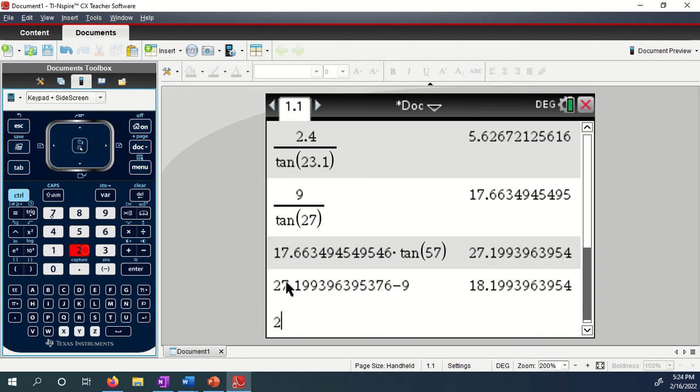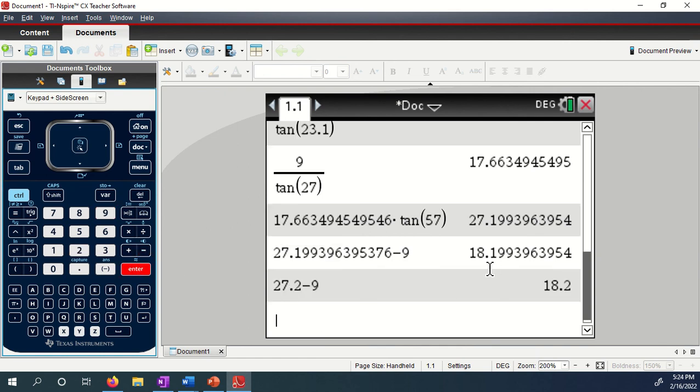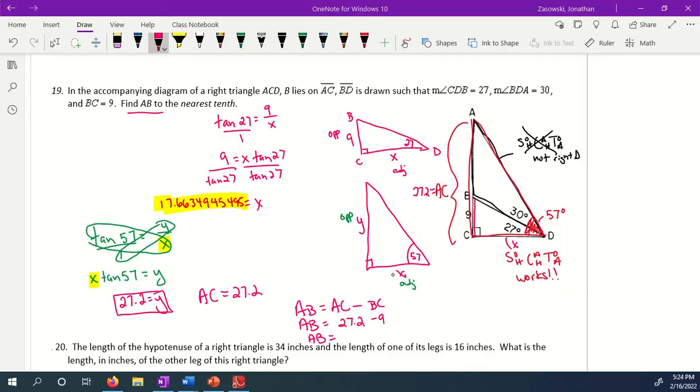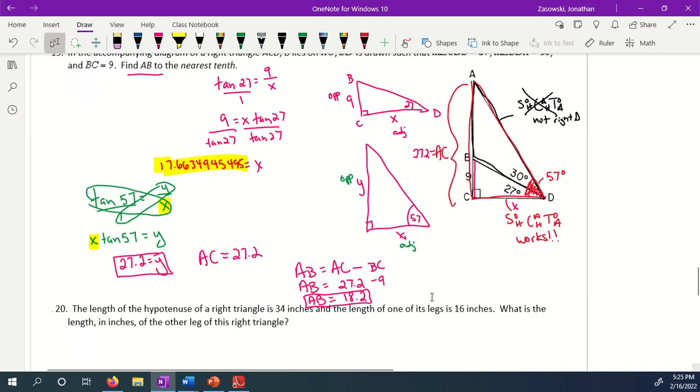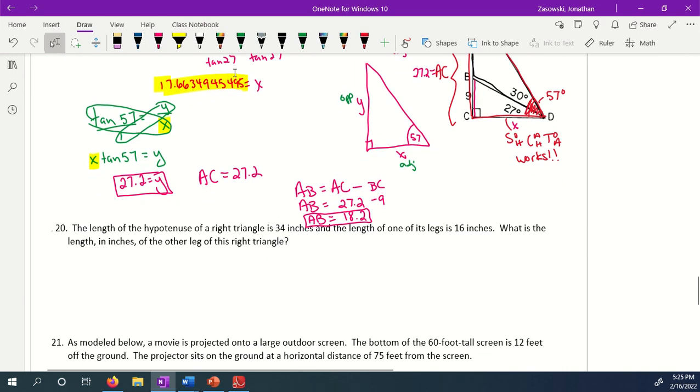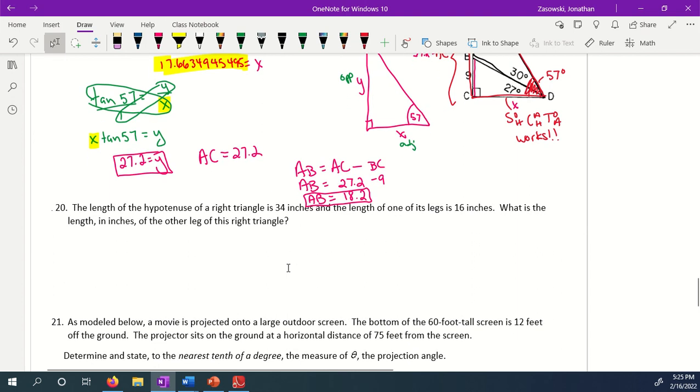But if you just did 27.2 minus 9, you're still going to get 18.2 either way. So 18.2 would be our final answer. Good work. Now, if we did round this and put 17.7, would we get a little different answer? I don't know. Check it out later.